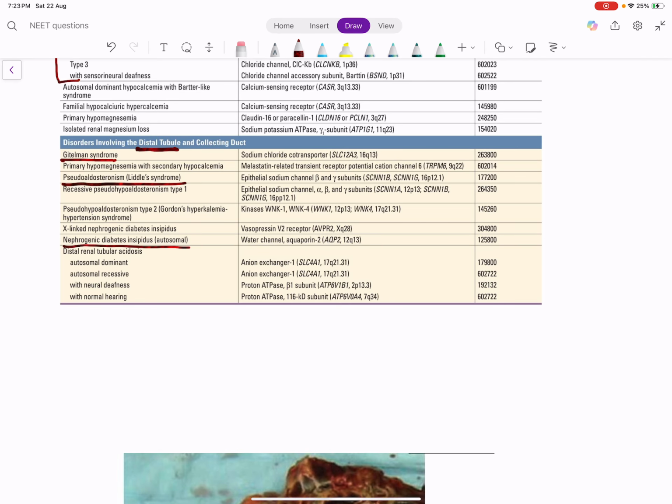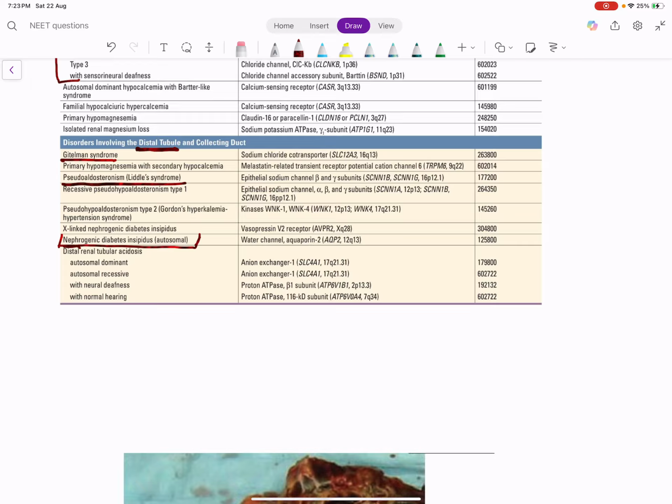nephrogenic diabetes insipidus, because antidiuretic hormone acts on the vasopressin receptor type 2 to cause aquaporin 2 expression and water reabsorption. When there is a problem in this mechanism at the kidney level, it causes nephrogenic diabetes insipidus.